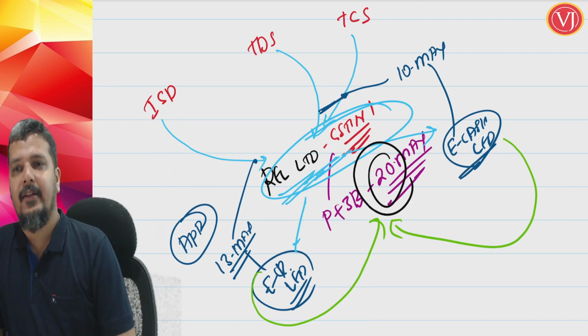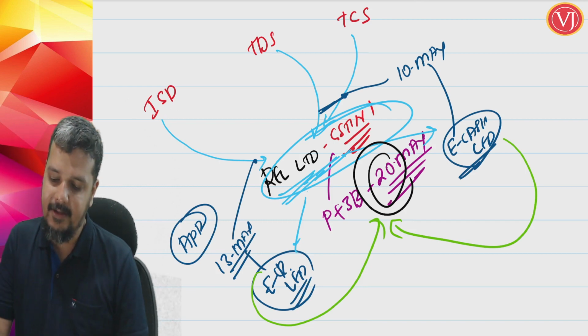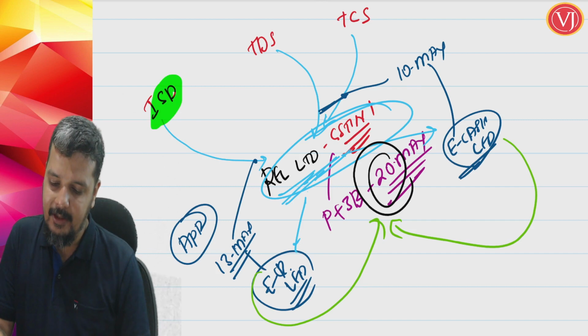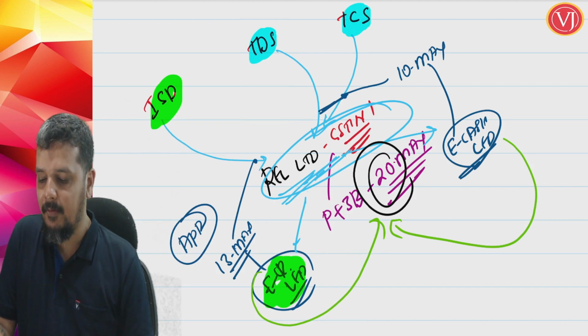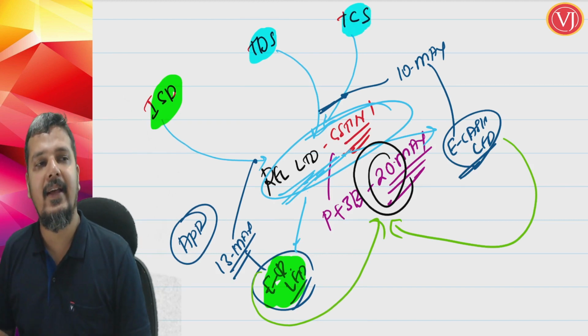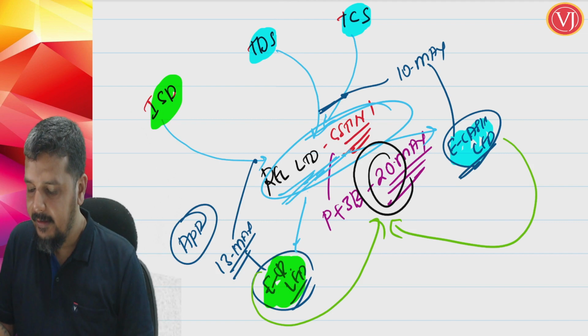Isn't it? ISD, whatever credit it is giving to me, will go and sit in my credit ledger. The opposite party, government or electronic commerce operator, whatever TDS or TCS they are paying, will go and sit in my cash ledger.